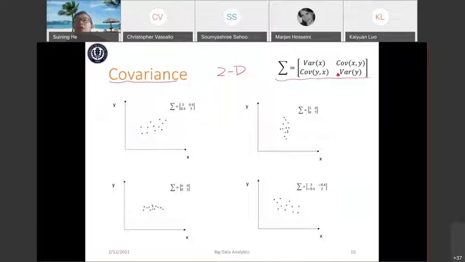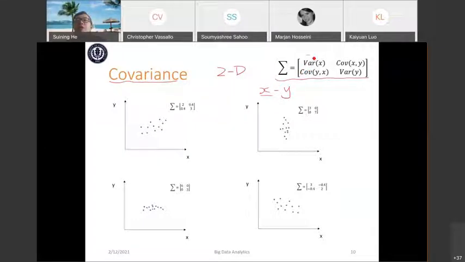Its diagonal elements are the variance of the data within each of the dimensions. Say we have x and y to describe the entire data set, x is the horizontal axis and y is the vertical axis, then we can calculate the variance with respect to each dimension.